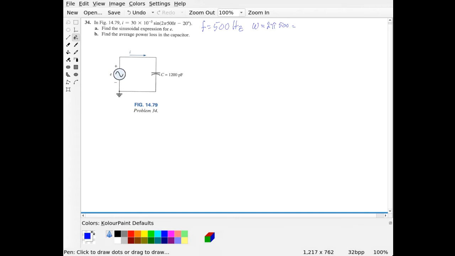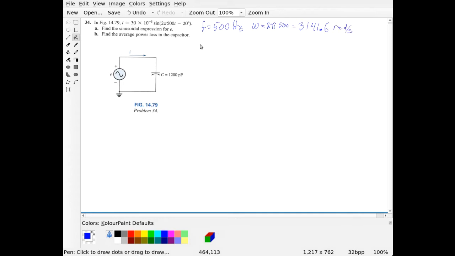Let me double check that. 2 times pi times 500 should be, see, it's a good thing I double checked, 3,141.6 radians per second.